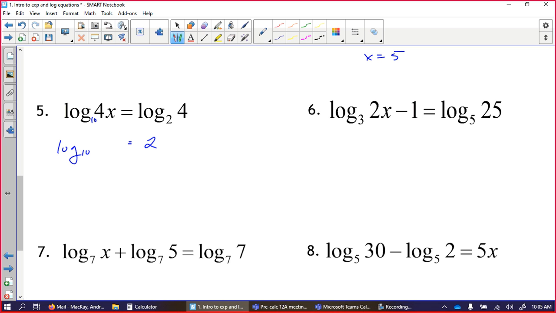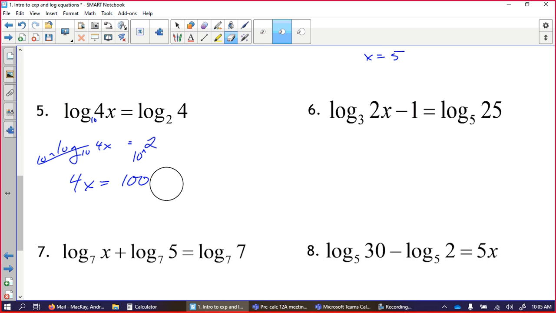Log base 10 of 4x equals 2. 10 to the power of that, 10 to the power of that, those cancel. 4x equals, whoa, not 1,000, sorry. 10 squared is 100.